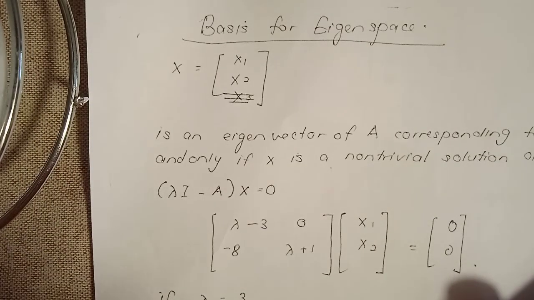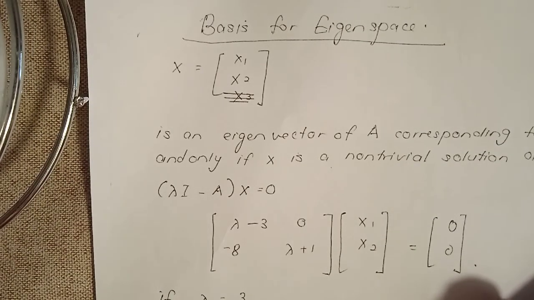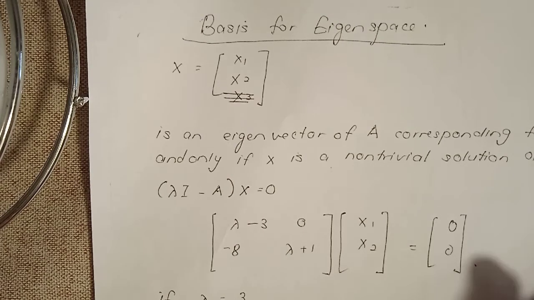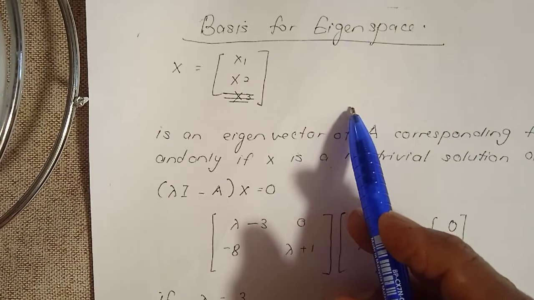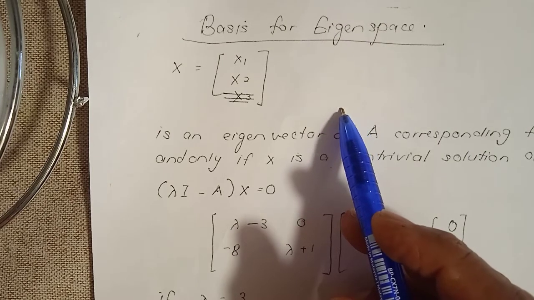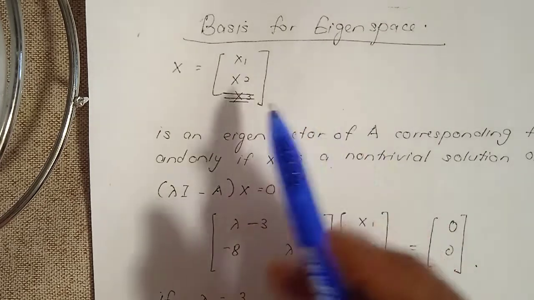Okay, in order to find the eigenvector, we can actually have many eigenvectors with only one eigenvalue. Therefore we need to find a basis for the eigenspace, and then we are able to find the eigenvector.